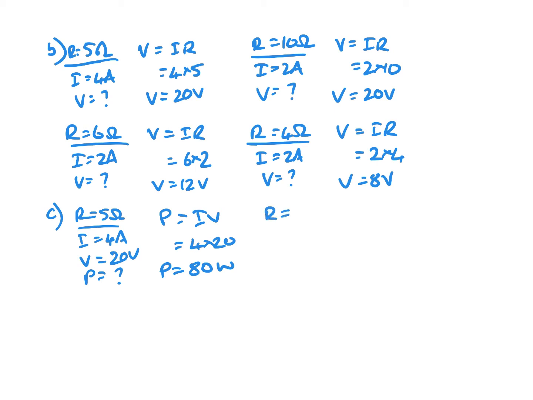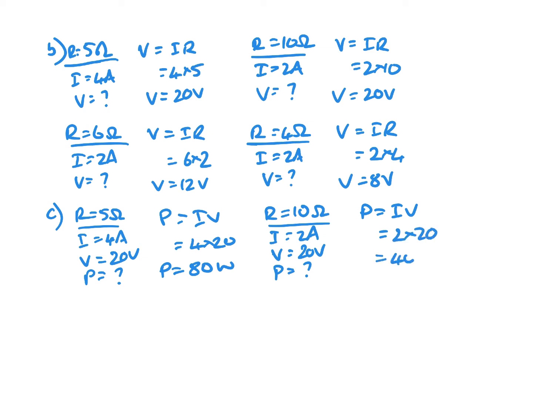For the 10 ohm resistor, you wouldn't get such a repetitive example in an SQA exam. They wouldn't ask you to work out every voltage or every current. 40 watts, and so on.